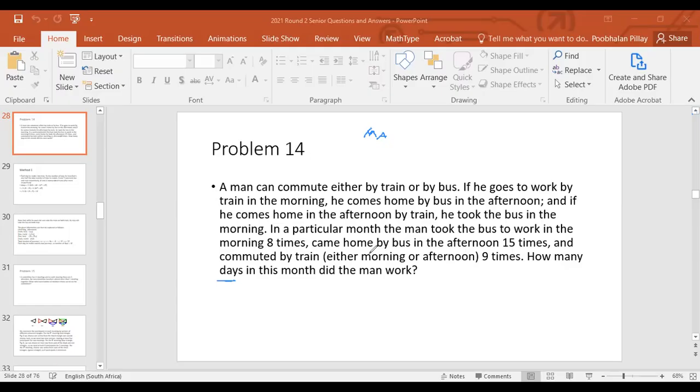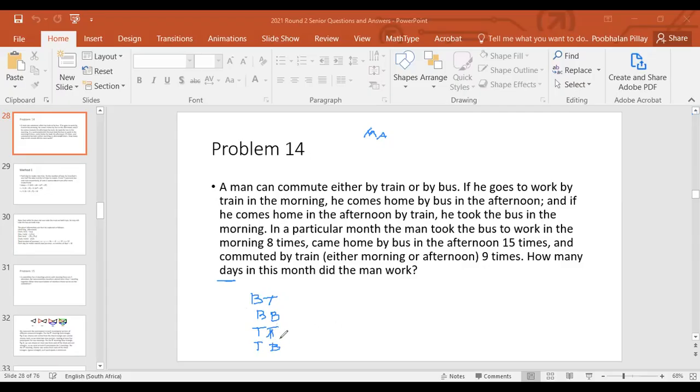So I need to know how many modes of transport did he use. Now he used a bus in the morning, a train in the afternoon, bus in the morning, bus in the afternoon, train in the morning, train in the afternoon, or train in the morning, bus in the afternoon.